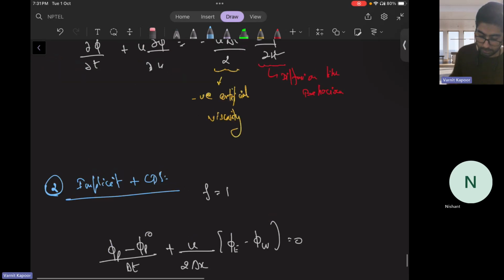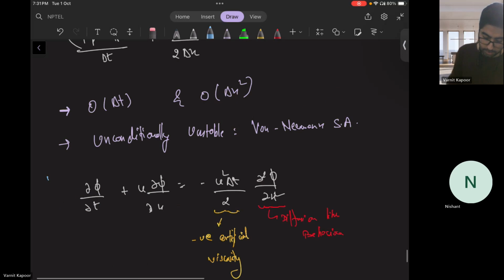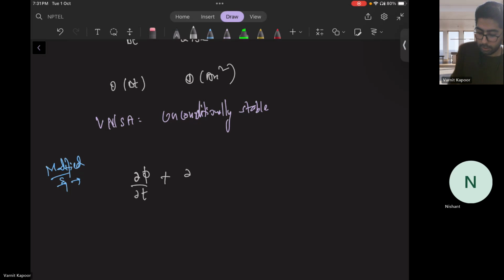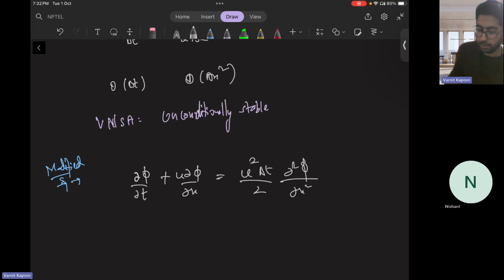Your modified equation will be, again, dou phi by dou t plus u dou phi by dou x equal to 0, but you will get a term with delta t by 2 dou 2 phi by dou x square.